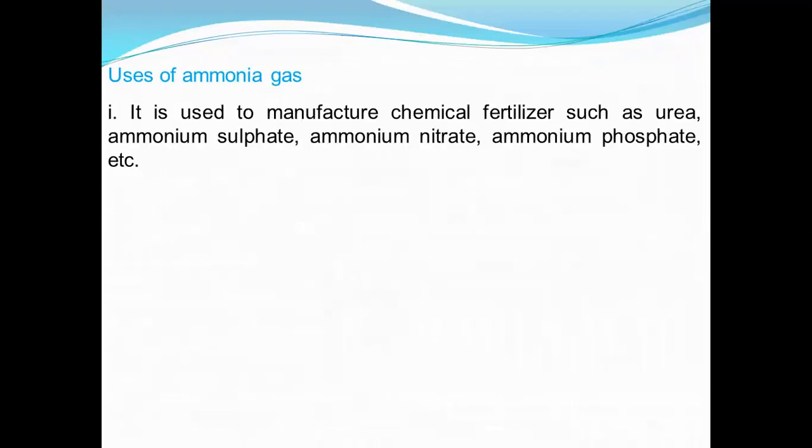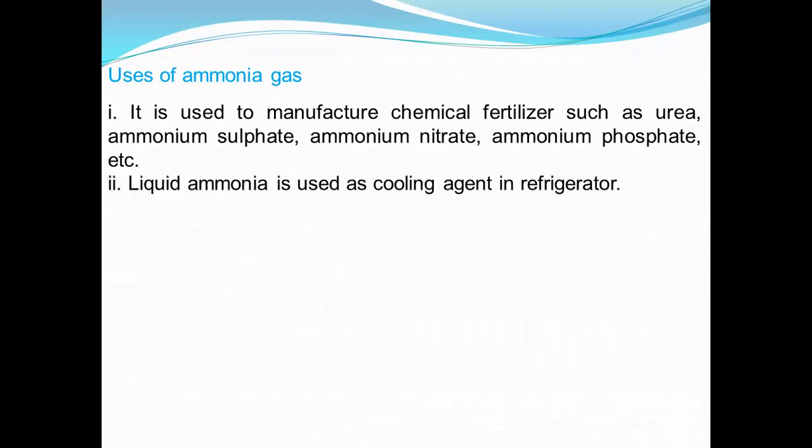This is usage of ammonia gas. So what are the uses? It is used to manufacture chemical fertilizers such as urea, ammonium sulfate, ammonium nitrate, ammonium phosphate, etc. Okay, liquid ammonia.